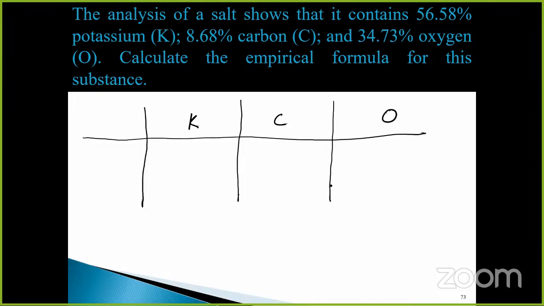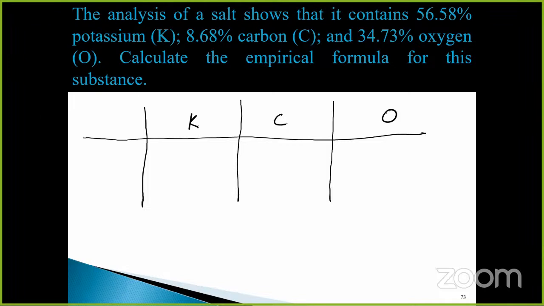So for the purposes of solving this problem, we can assume that we're working with 100 grams of the compound. 100 is a nice round number because if we assume that we have 100 grams, each of these values would represent the mass of each element present in 100 grams.